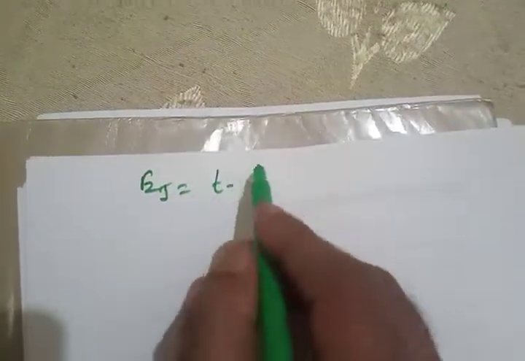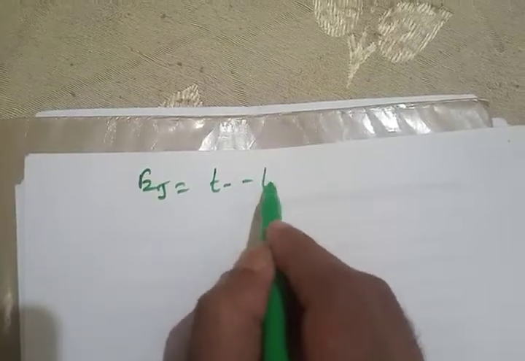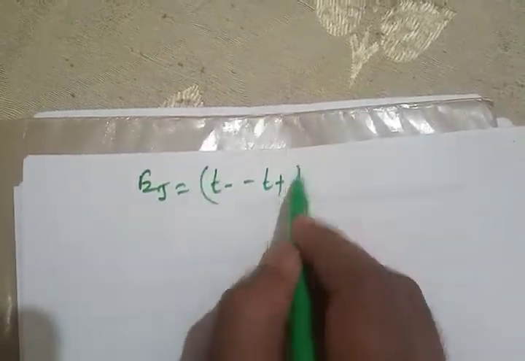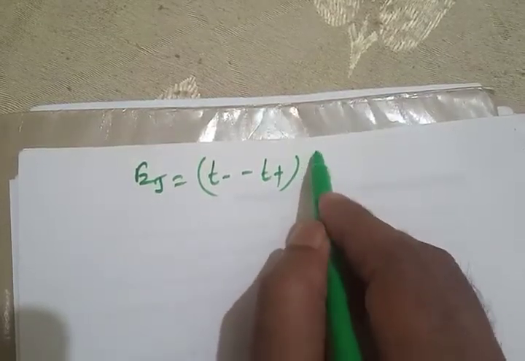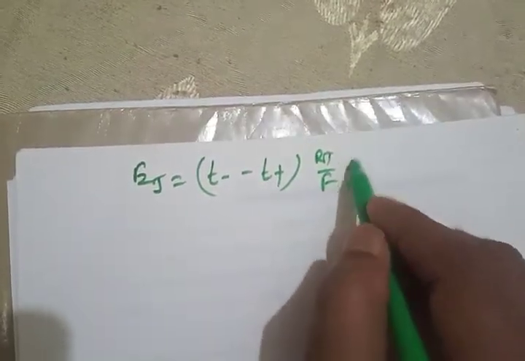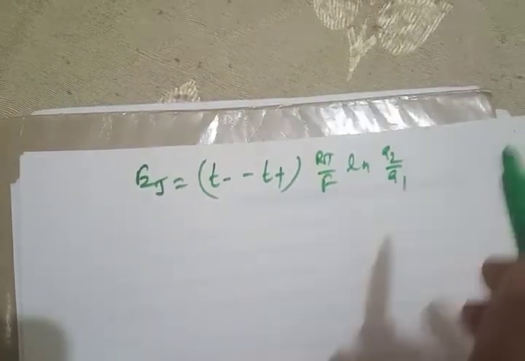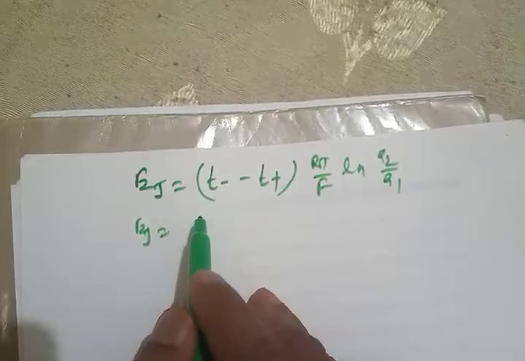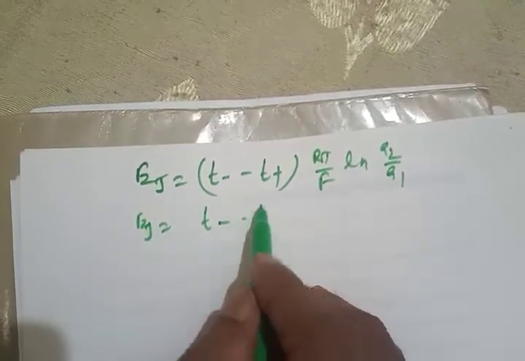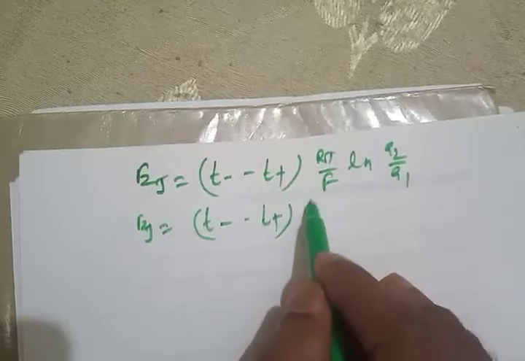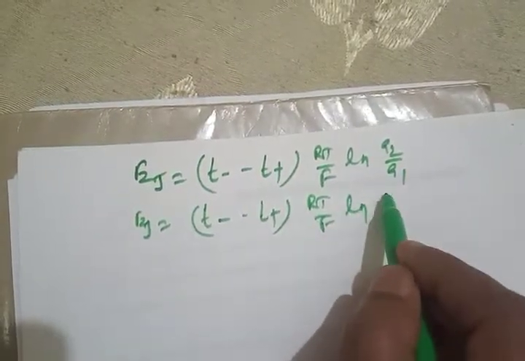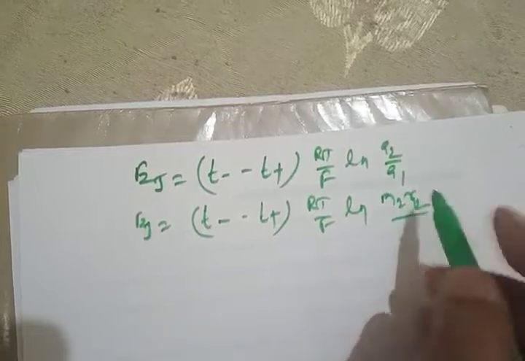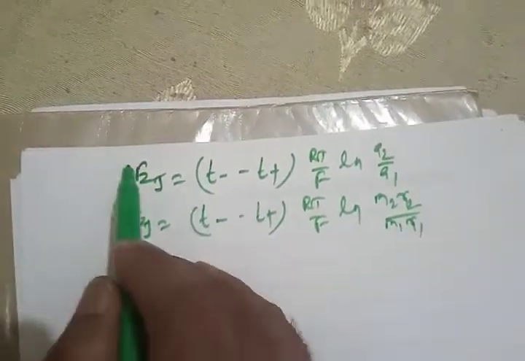Okay, so this is the value: Ej equals t minus minus t plus transport number, RT upon F ln A2 upon A1. And if you put the values of activity, this will give RT upon F ln m2 gamma 2 upon m1 gamma 1. So this is the value.